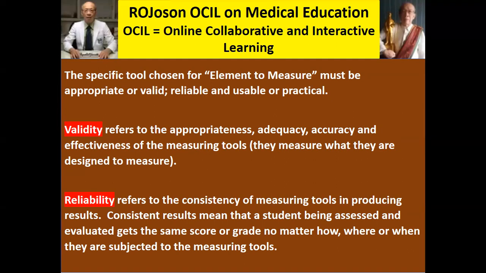Reliability refers to the consistency of measuring tools in producing results. Consistent results mean that a student being assessed and evaluated gets the same score or grade no matter how, where, or when they are subjected to the measuring tools.